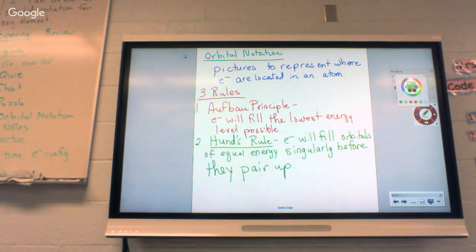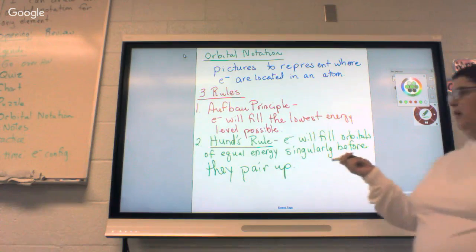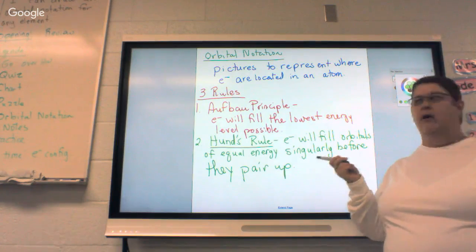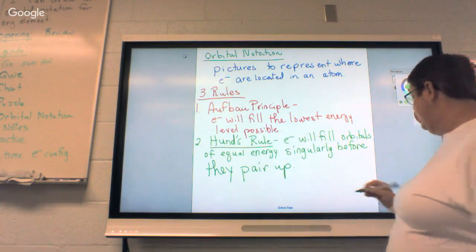But sometimes they happen. And get pregnant. And there's no more space in the house. Can they add an addition to the house? They could, but they have to have money to do that. And is there always money to add an addition to the house? Of course not. So, what happens when that happens? You got to double up. So the electrons are going to have to double up. Okay? So, we'll talk about how the electrons double up when we get there. This is the one that causes the problem.